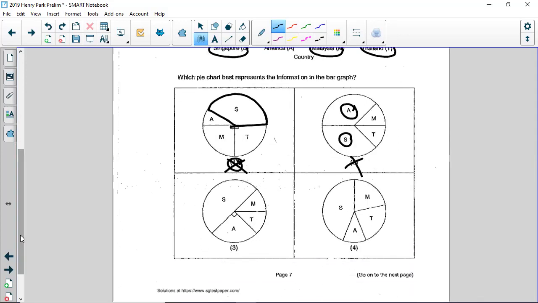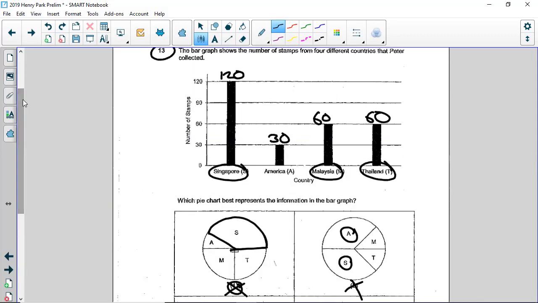Okay, how about number 3? You look at Singapore. Singapore is half. Is it half? If you look carefully, Singapore is 120. But is it half of everybody? So what is the total? If you add together, you take 120 plus 30, and then plus 60 and plus 60, the total is 270. What is half of 270?